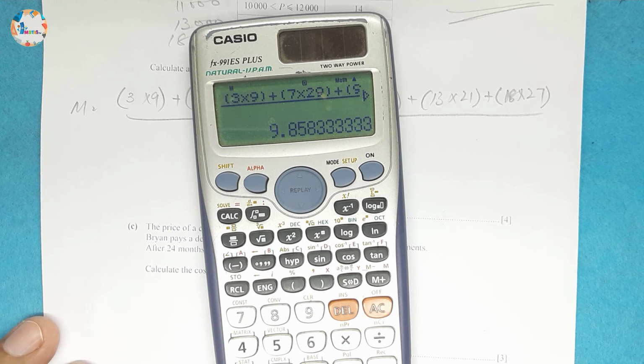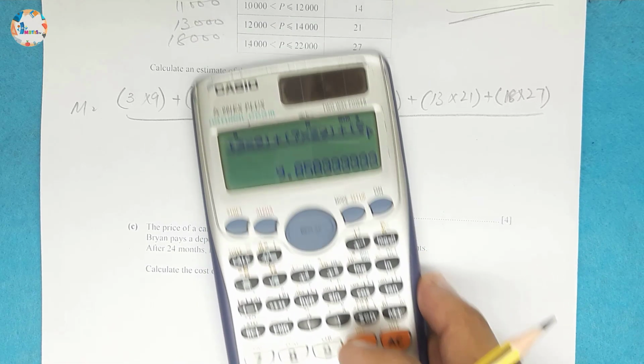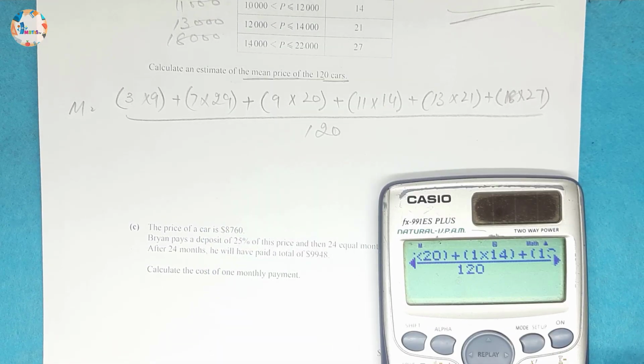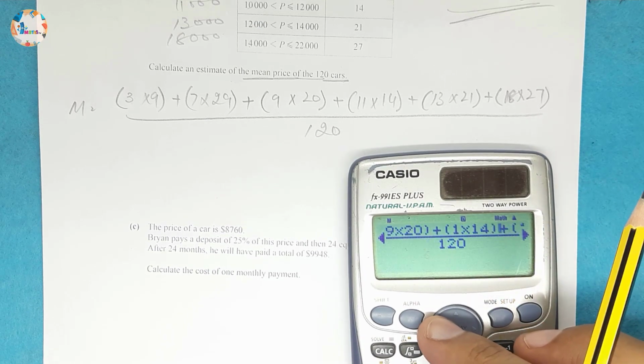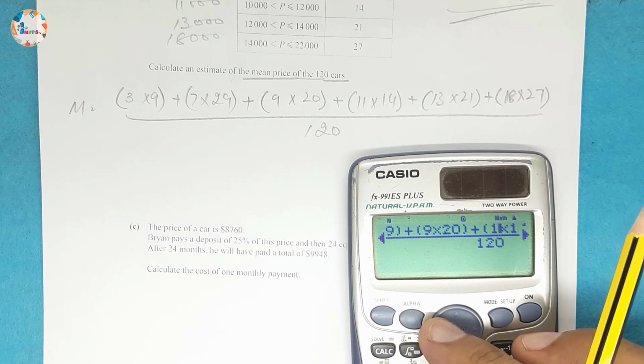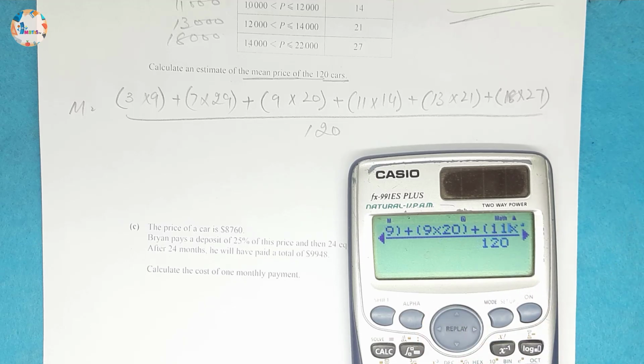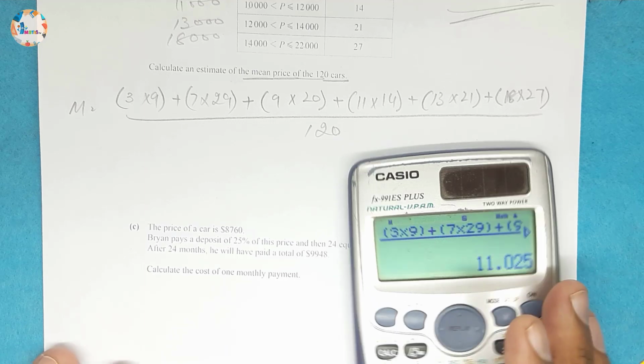Basically we have done some mistake, I will check what the mistake is. Yeah, basically here, instead of 11 into 14 we have written 1 into 14. So we have to do the calculations very carefully. Now we are getting 11.025.